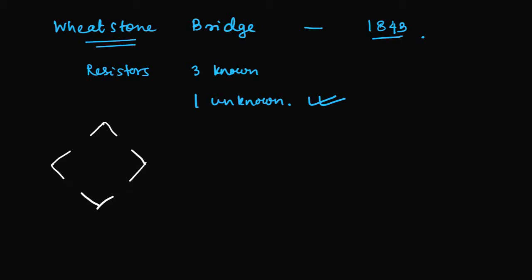I will show you which one is the known resistances, that I will be drawing in blue color, okay. This one is the known resistance, and this is another resistance, this is another, and the fourth one.